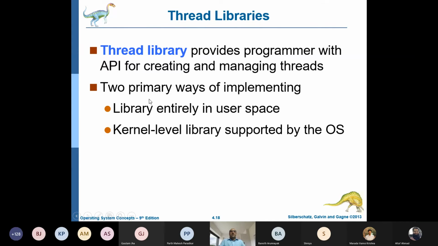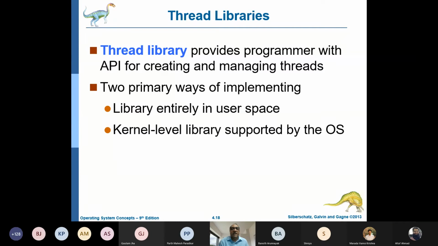These thread libraries may be present in the user space as well as in the kernel space. As we have seen in the many-to-one model, the thread library is available only in the user space, because many-to-one means the kernel has only a single thread of control, a single execution sequence.